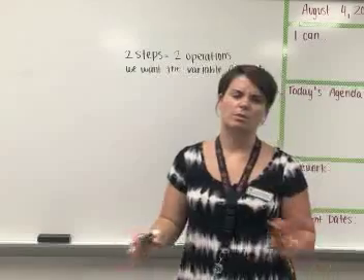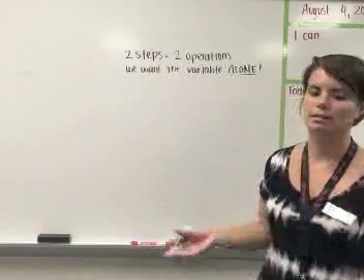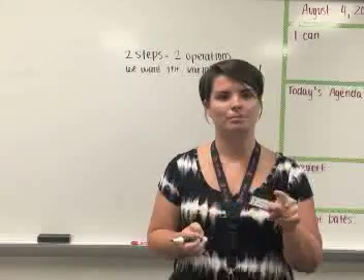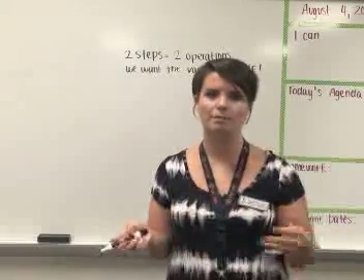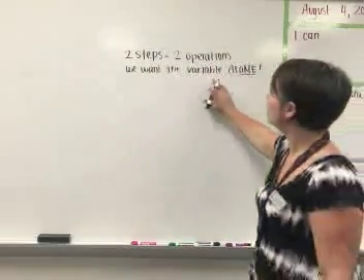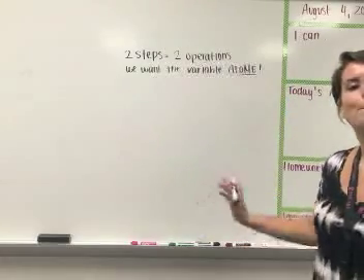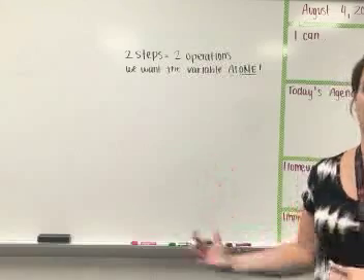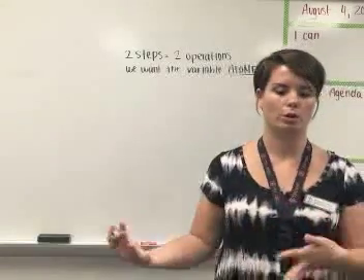A real lonely guy, wants to be all by himself, doesn't like friends. You know how they are sometimes, those variables. What's a variable? A symbol that represents an unknown number, right? So we want to get that unknown number, or the variable, by itself in order to determine what the variable number is, right? Make the unknown known.